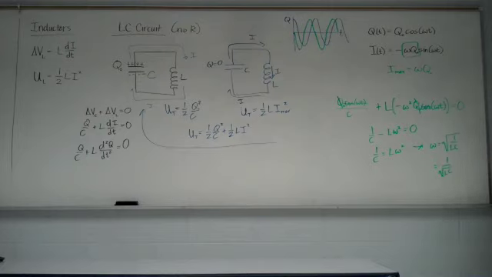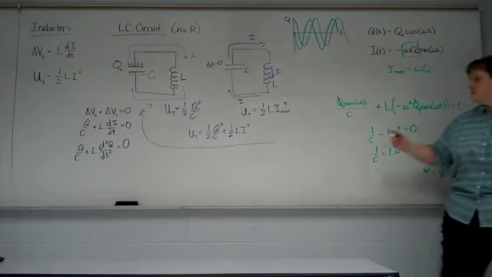The units of omega are radians per second. It's an angular frequency, but it's still related to regular frequency in hertz. How do we go from radians per second to hertz? There is a pi in there.